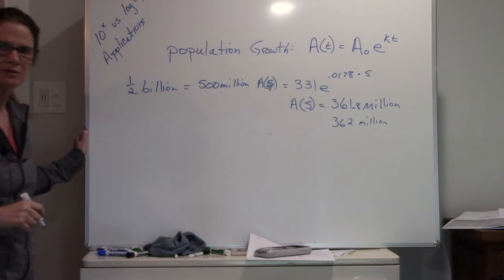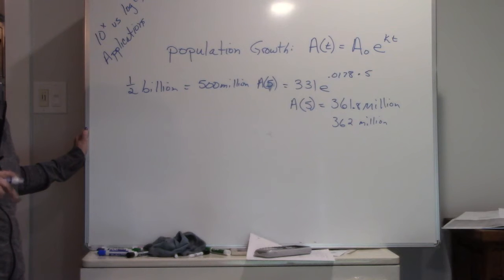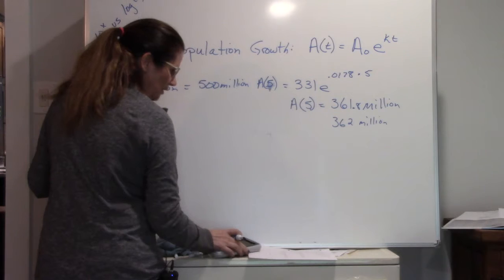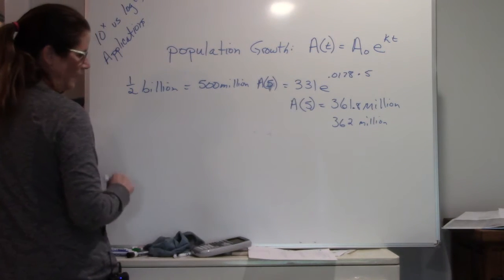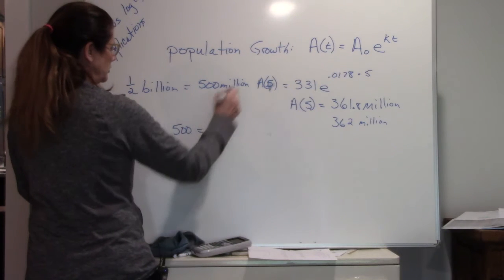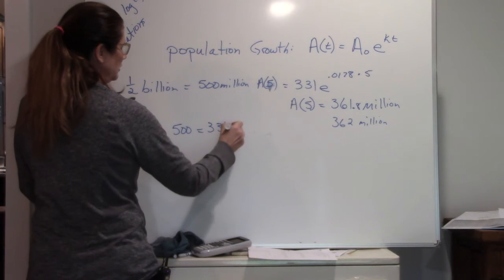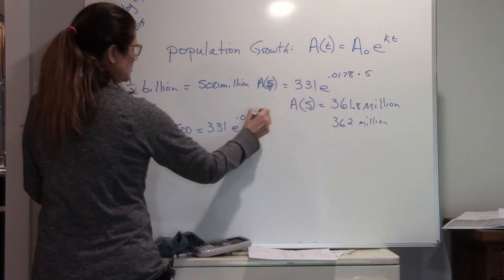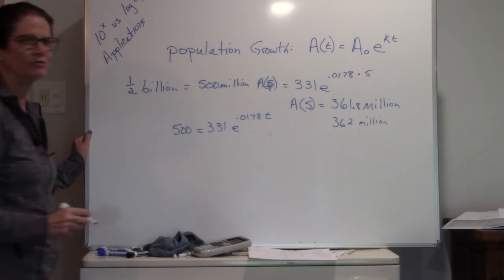Okay, you can name it two different ways. So now the question is, when will the U.S. population hit 500 million? So we go, 500 is what we're ending. We started with 331. We still have a growth rate of 1.78%. We are now looking for time.